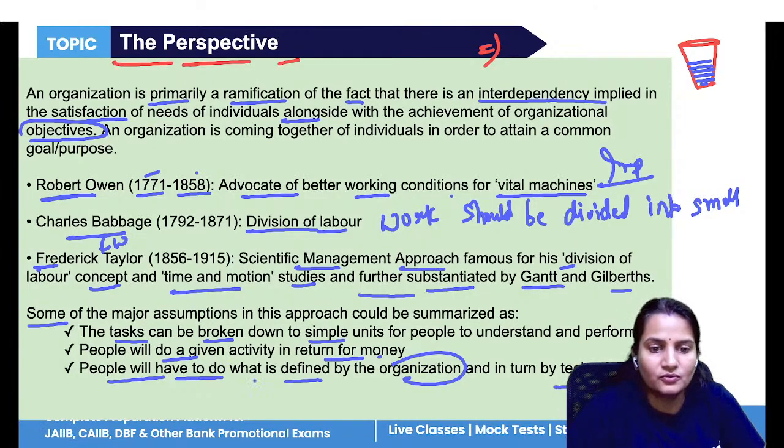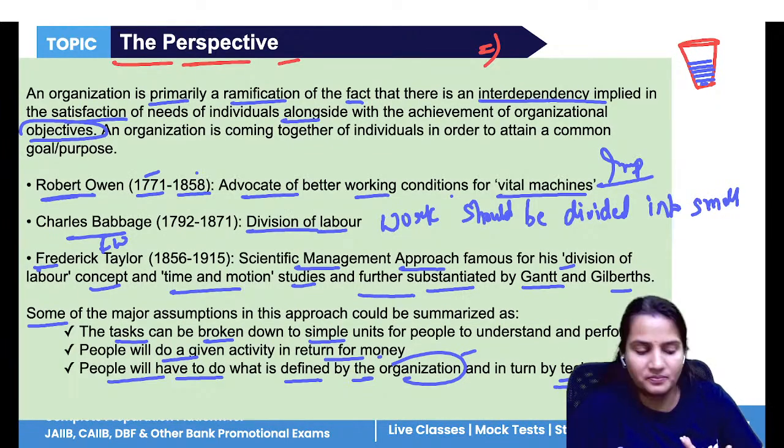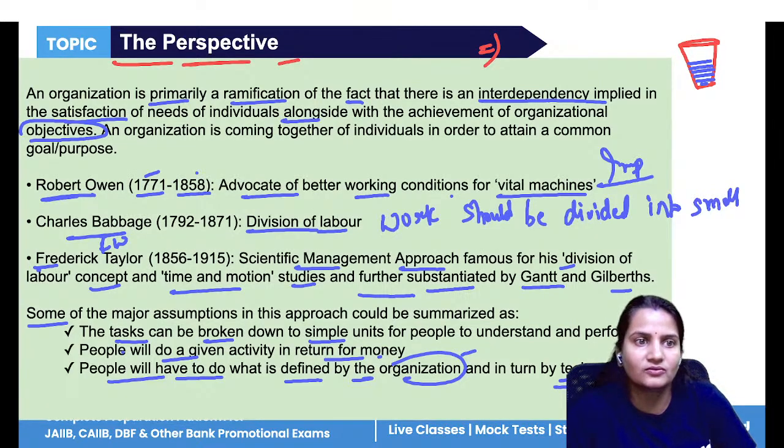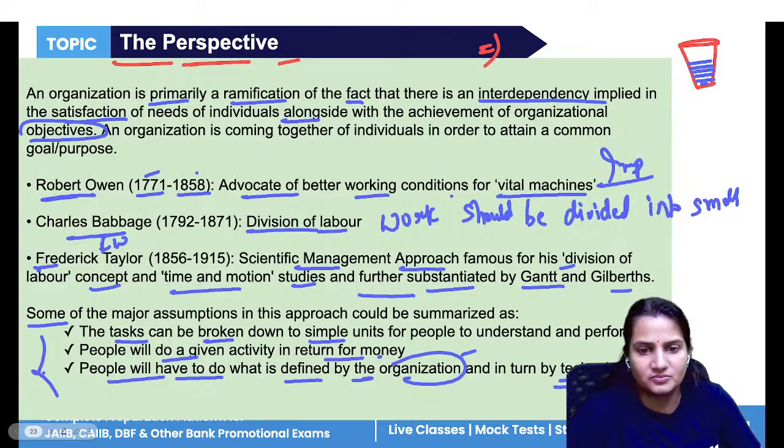So they have to do what is defined by the organization. Be it the organization looks for new technology or adoption of upgraded technology, the employees have to adopt that. If they are not able to adopt new technology, then the organization will provide them the proper training so that they can understand well how this technology is used. So these are the different assumptions given by Frederick Winslow Taylor.